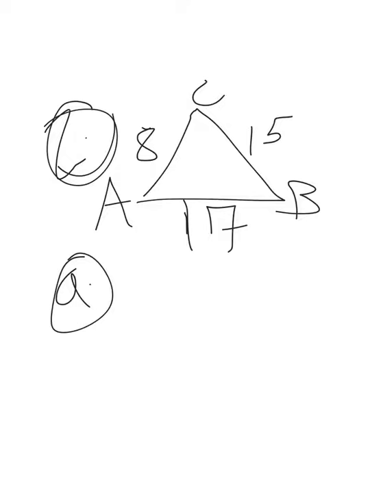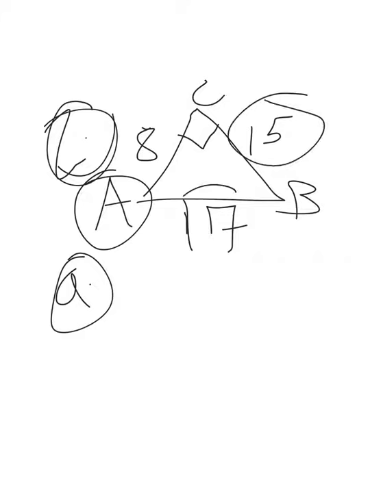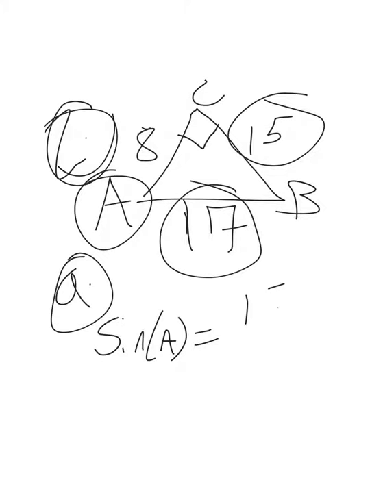So for A, I'm finding the sine of A. Remember, sine is opposite over hypotenuse. Opposite is here, hypotenuse is here. So I know that the sine of A is equal to 15 over 17.